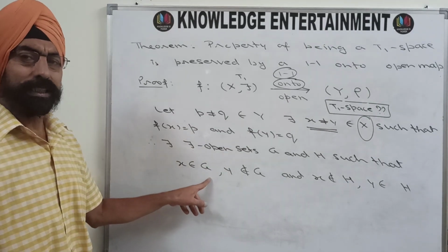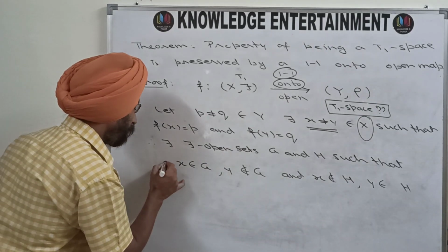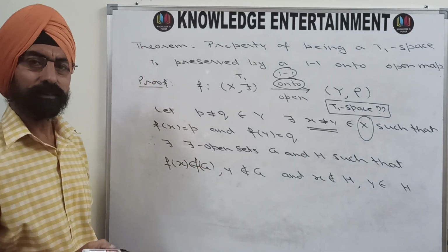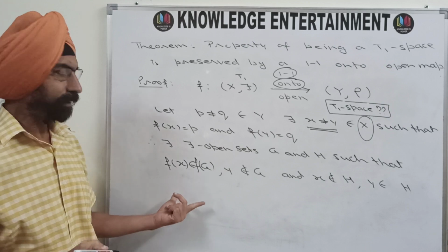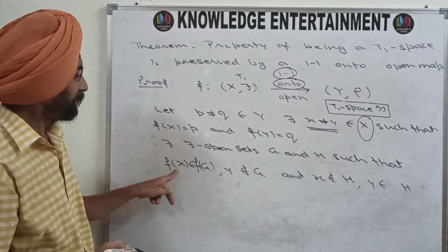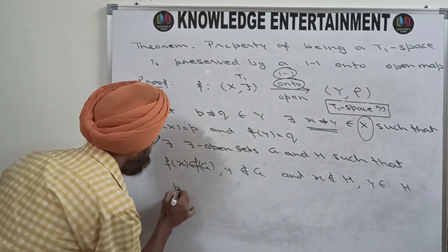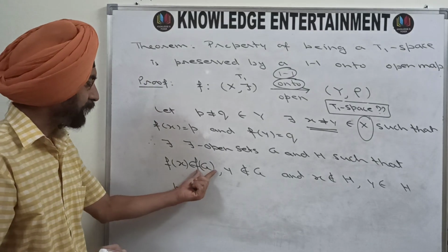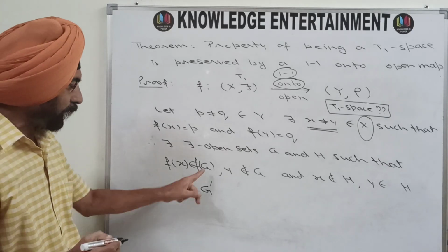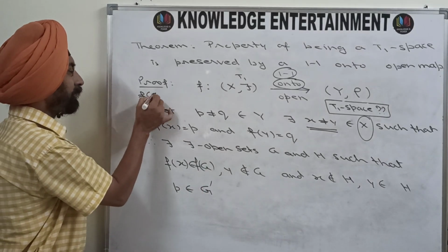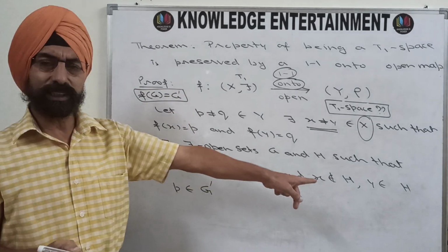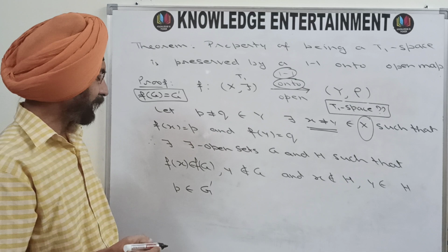X belongs to G. That means f of X will belong to f of G. We have taken the image on both sides, image of the element and image of the set. Now what is your f of X? Your f of X is P. So P belongs to f of G. F of G, I'm naming it as G dash. Similarly, f of H, I'll rename it as H dash.